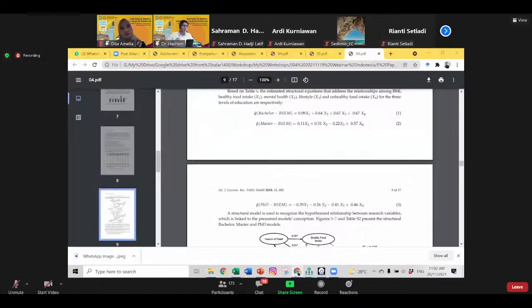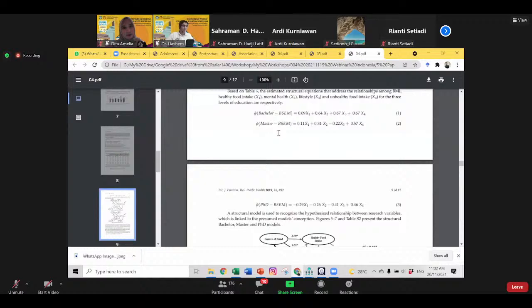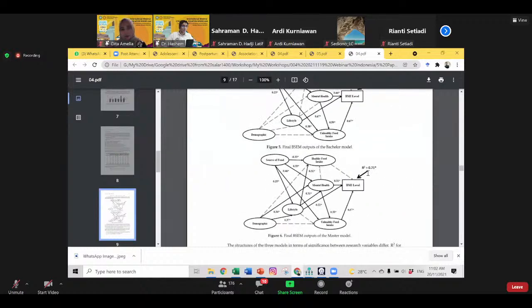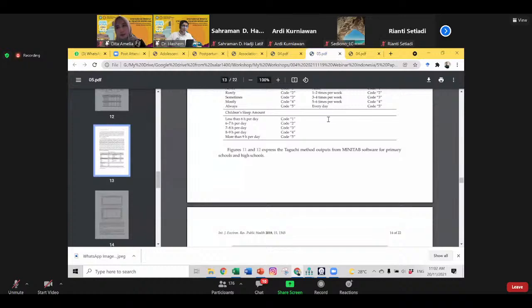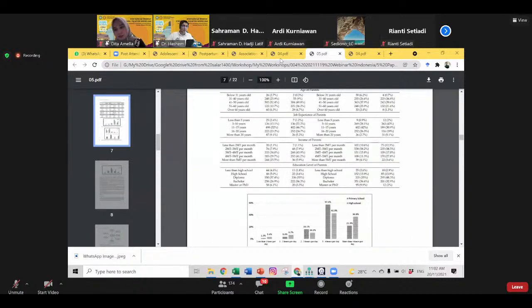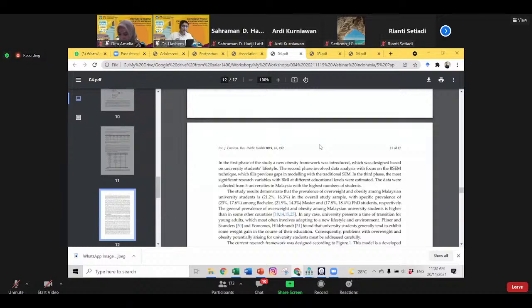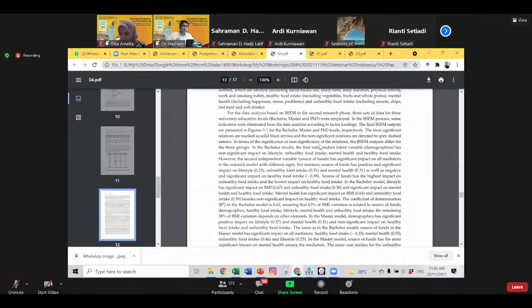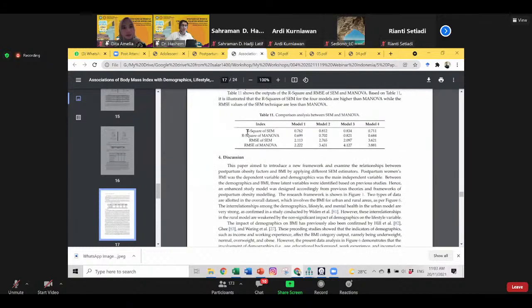Sometimes I refer to these indices. Sometimes I go for the R square and RMSEA, and based on the output of these I decide which one is better.